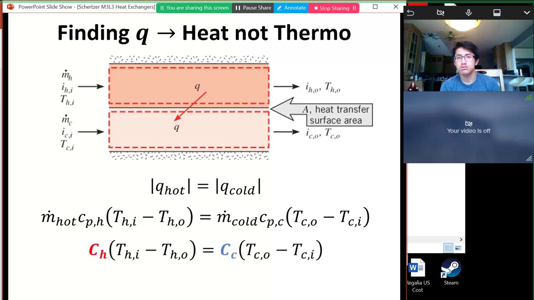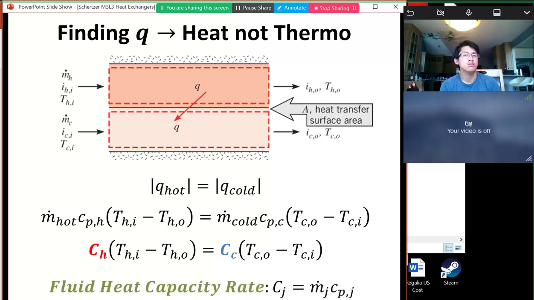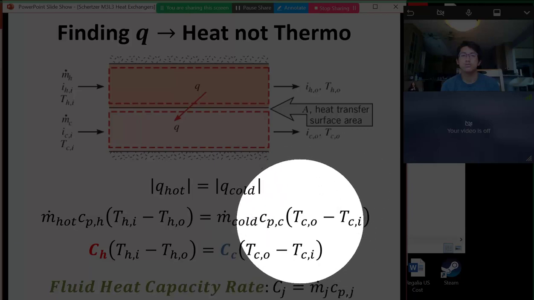So in heat transfer, we're sometimes going to simplify this a little bit so that m dot times Cp becomes big C. And that big C is called the fluid heat capacity rate. So it's kind of like the larger this is, the less temperature difference we would expect to see. So let's say that the right-hand side of this equation stays constant.